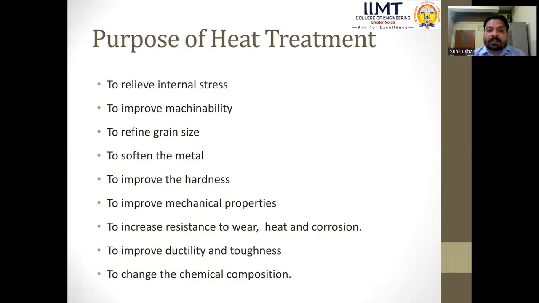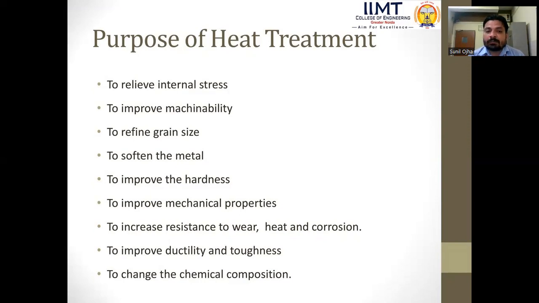Heat treatment is also used to refine the grain size and to soften the material, improving its ductility, and to improve the hardness of the material, how hard we can make it. It improves various other mechanical properties, and increases resistance to wear for product parts used where there is a higher wear rate.